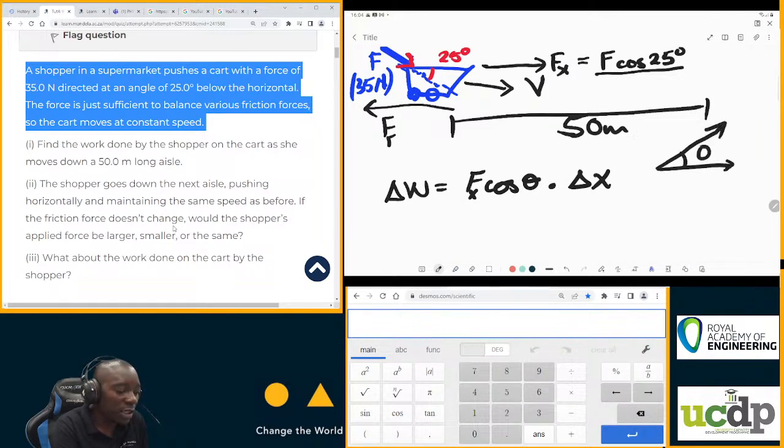If theta is that angle, then the v component is equal to v cos theta.